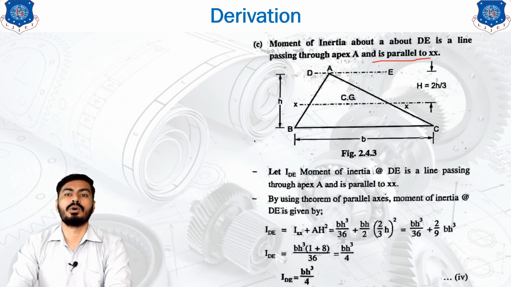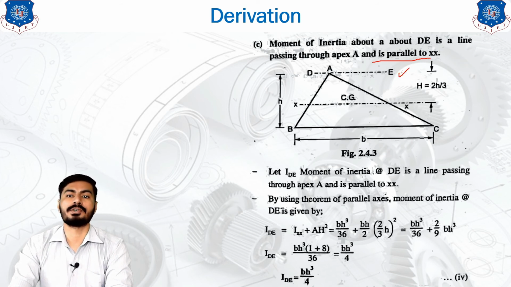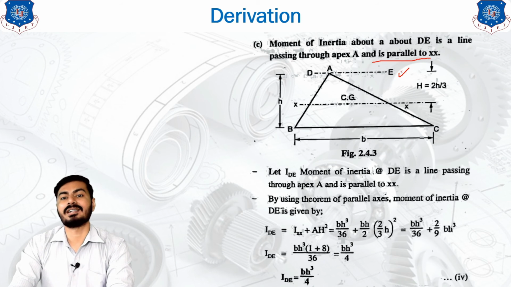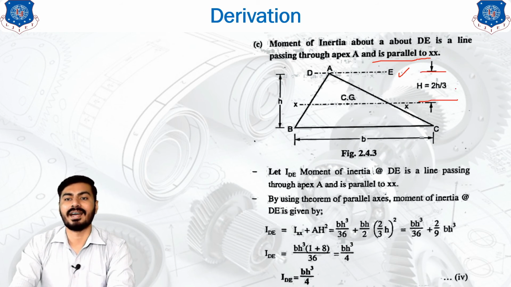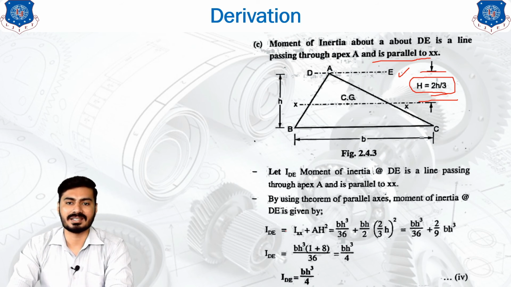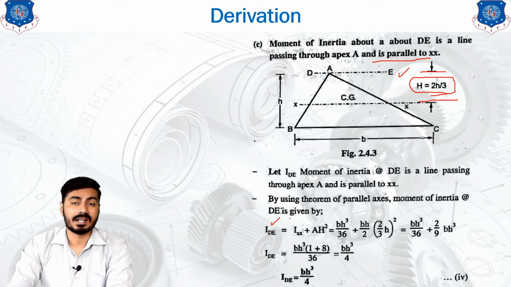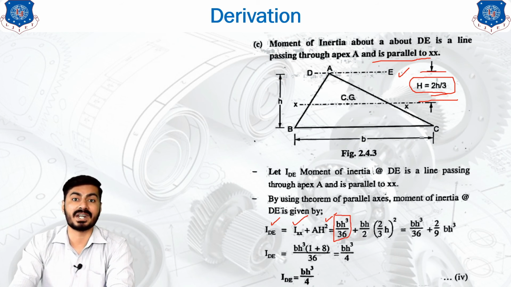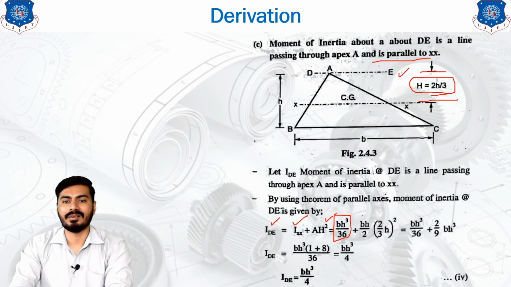Our intention is to find the moment of inertia about this axis, so we need the distance between the two parallel axes, and that distance is nothing but h, that is 2h by 3. Now if you apply the parallel axis theorem, IDE equals IX plus A h square, then we have the value of IX, that is bh cube by 36 from the previous slide. We have the area of the triangle, that is 1 by 2 b into h.